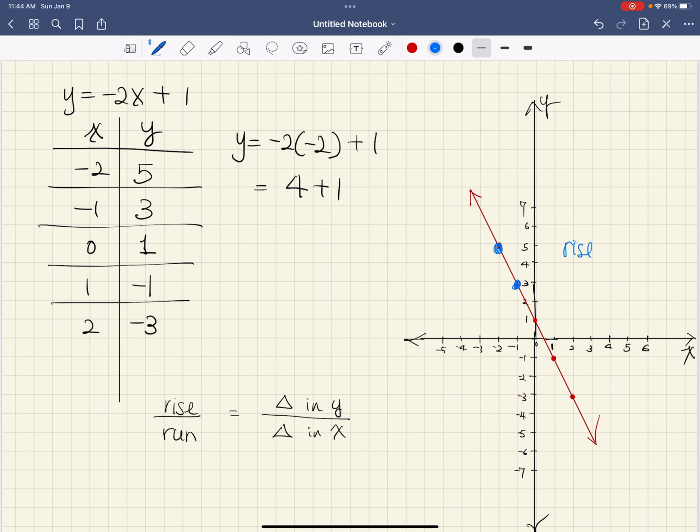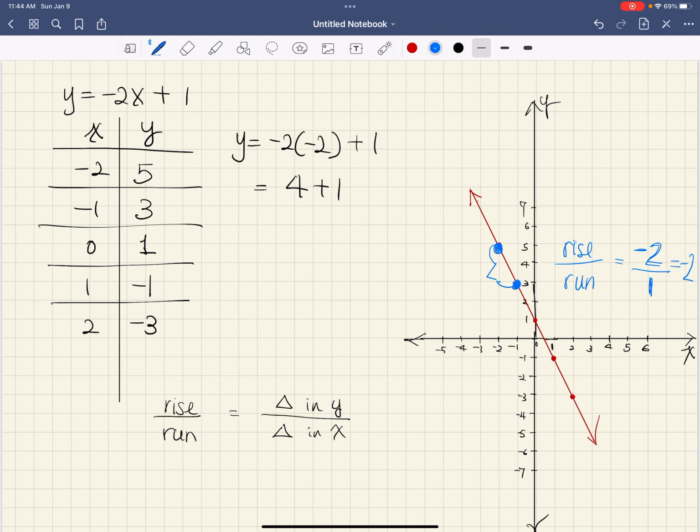Rise over run. You can start from the top point or you can start from the bottom one. You get the same slope. Why don't we try both? 1, 2. You move down 2, which means negative 2. And to the right once, over 1. So the slope is negative 2.